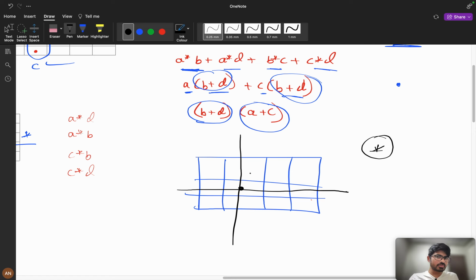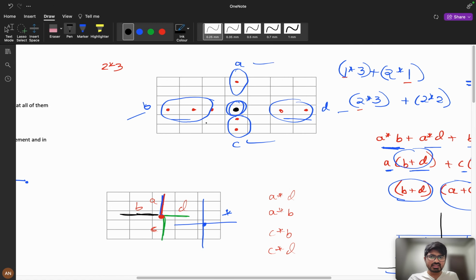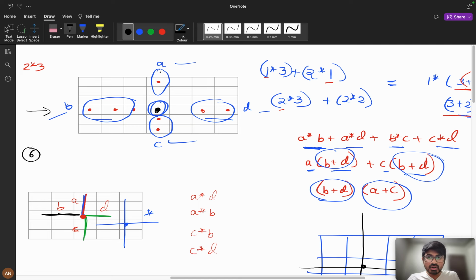And one crux of the problem is, you can see here, if you calculate the total sum of this row, it will be 6, but you need to exclude one point, because that will be my center point. Only excluding this should you have the other points that will be multiplied.